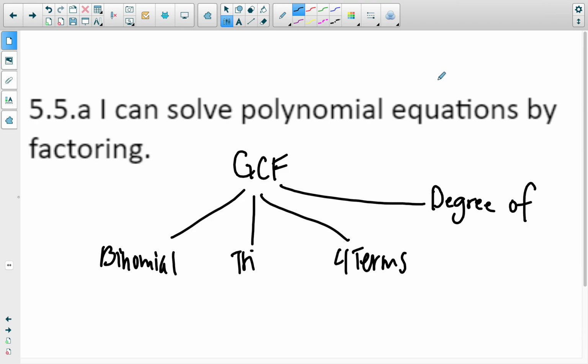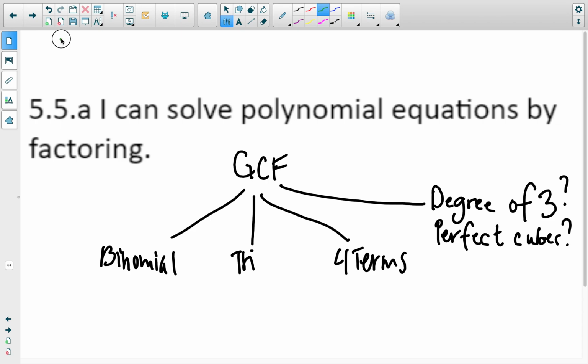of 3, or can it be thought of as something having a degree of 3? So add in there, are there perfect cubes? Okay, and what we mean by perfect cubes are whenever we take a number and raise it to the third power.